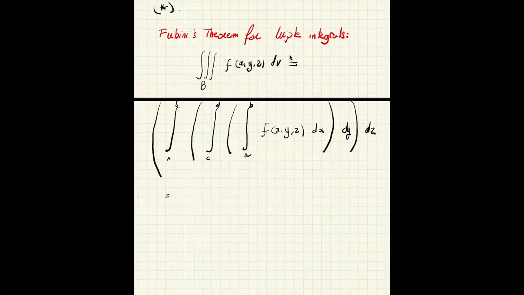We're just going to say that this is actually equal to the integral from A to B, C to D, R to S of f(x,y,z) dx dy dz, but be careful of the order here.